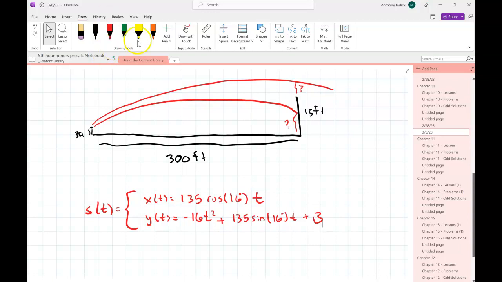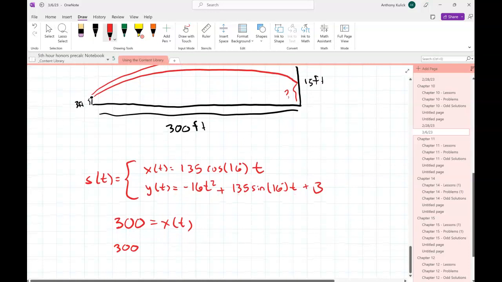You need a value for t, right? Because it's a function y of t. So what we're going to do is plug 300, or set x of t equal to 300, to find the t at that position, and then plug that t into y to get our answer.